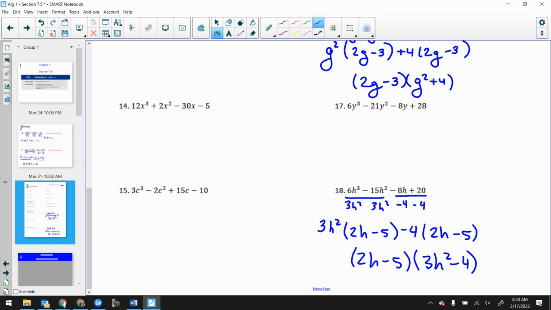Oh, okay. This came out of me like, I don't know what to do here. They come up to me at my desk and I go, okay. You know what's crazy though? Sometimes I just read the problem again. Like I'm going to give it my hint: 6h to the third minus 15h squared minus 8h plus 20.